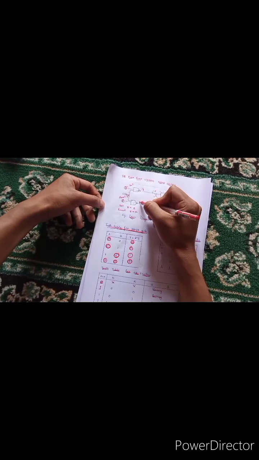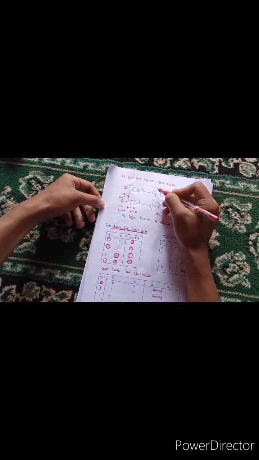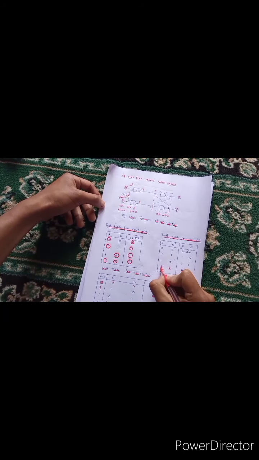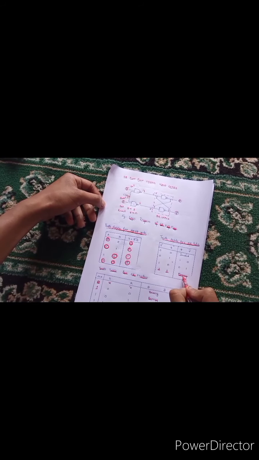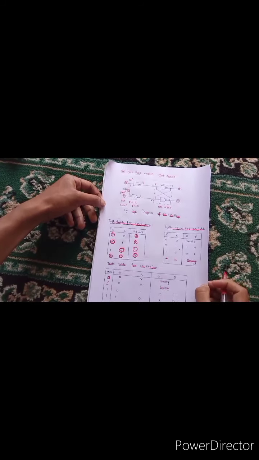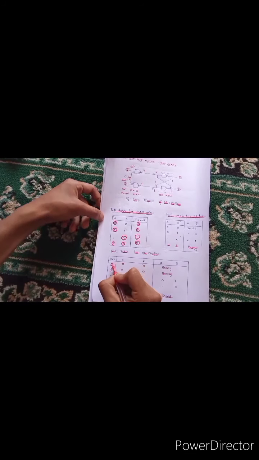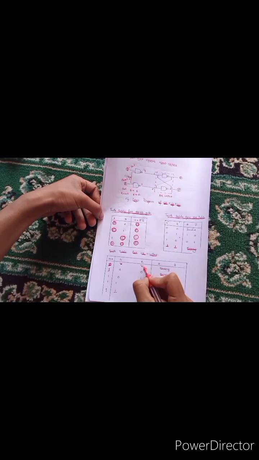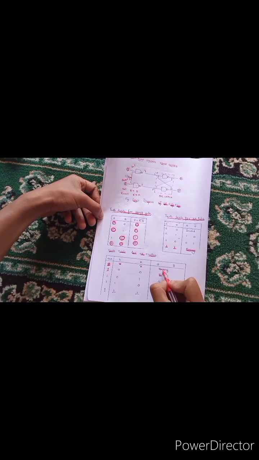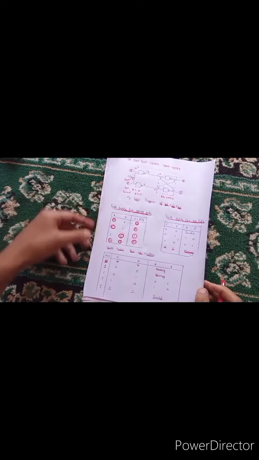This 1 and 1 is the input for SR latch. If 1 and 1 is the input for SR latch, memory will be the output of SR latch. So here, if we take clock signal as 0, S and R as don't care, we'll get memory as output.